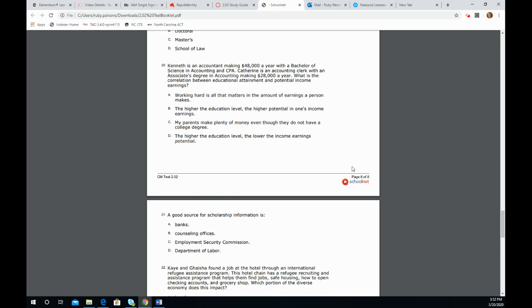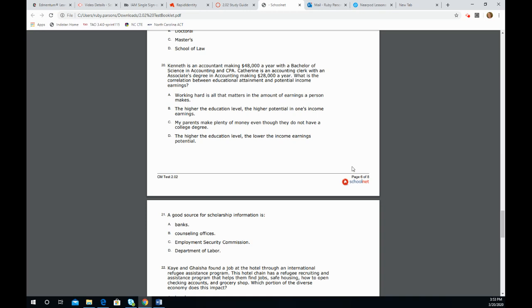All right, 20. Kenneth is an accountant making $48,000 a year with a bachelor's degree in accounting and CPA. Catherine is an accounting clerk with an associate's degree in accounting making $28,000 a year. What is the correlation between educational attainment and potential earnings? A, working hard is all that matters in the amount of earnings a person makes.